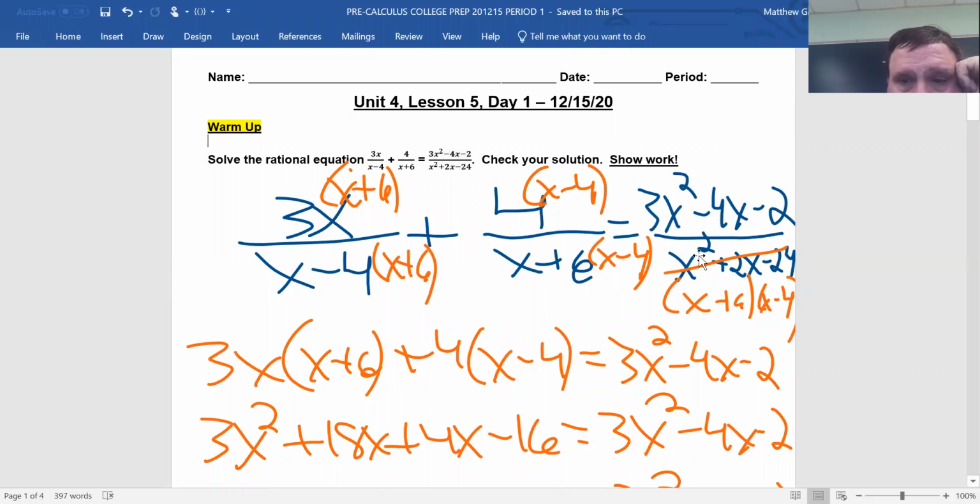So as you can see what I did here, x squared plus 2x minus 24 factors to x plus 6 and x minus 4. Since 3x already contains x minus 4, we multiply 3x by x plus 6. And since 4 already contains x plus 6, we multiply 4 by x minus 4.